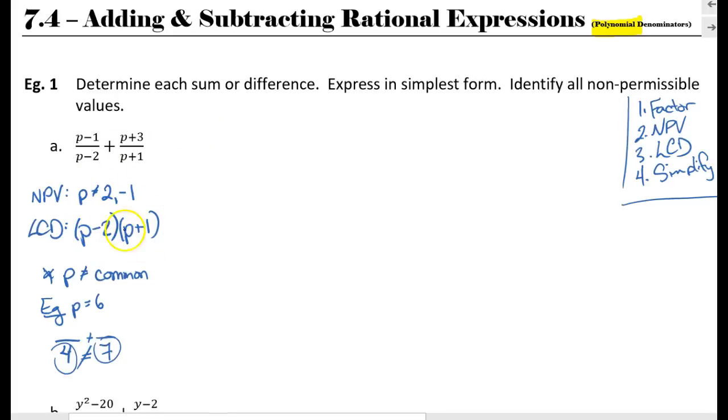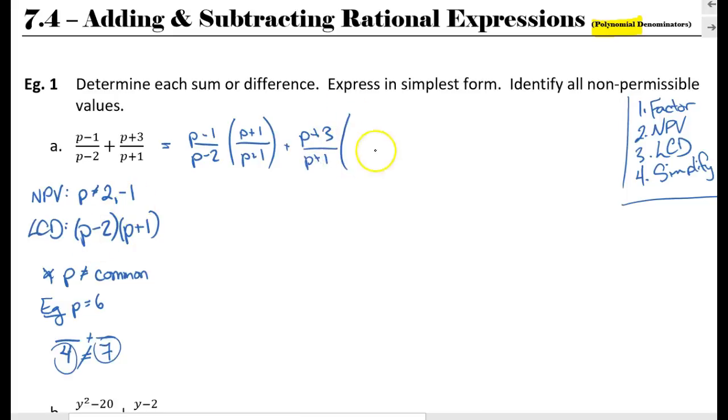Okay, so if this is my common denominator, when I go to analyze p minus 1 over p minus 2, I need to introduce p plus 1 to the denominator. So I'm going to introduce it to the numerator as well. And for my other rational expression, I've got p plus 1 in the denominator already.